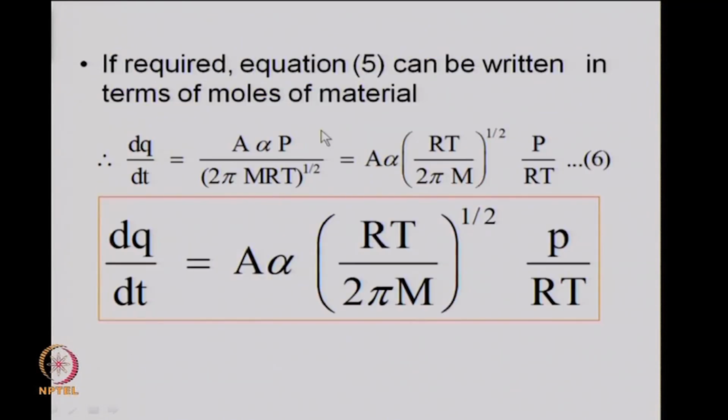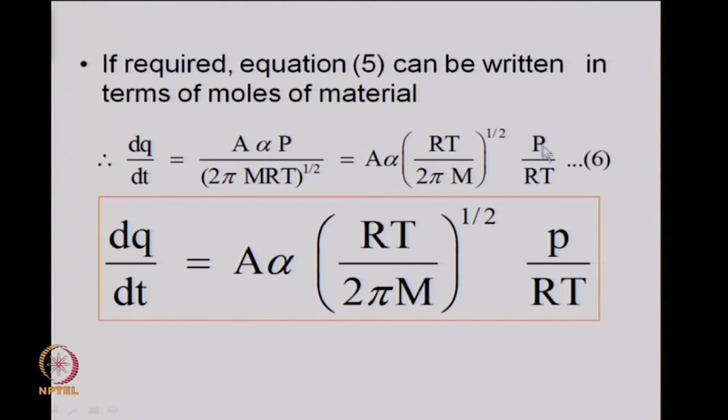So, we get dq by dt as A alpha P by 2 pi mRT under root, or A alpha, and we strategically pull out RT from here. So, write this as P by RT, and then this becomes A alpha square root of RT by 2 pi m, all right.